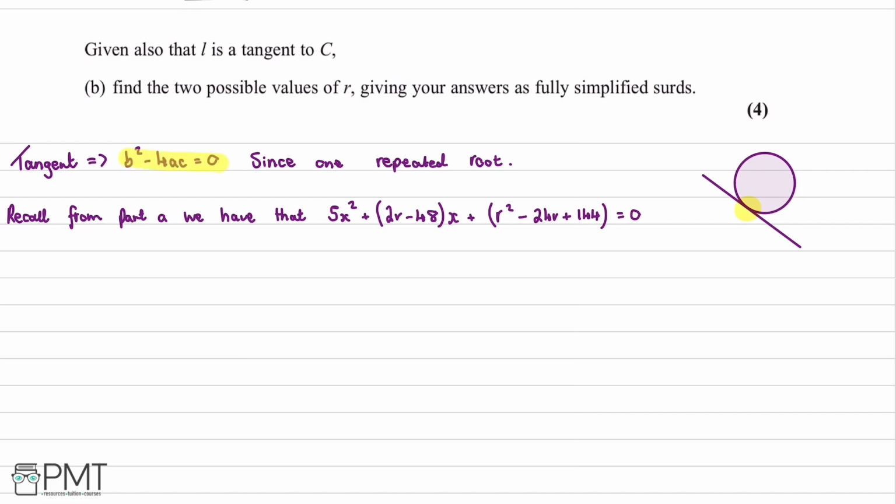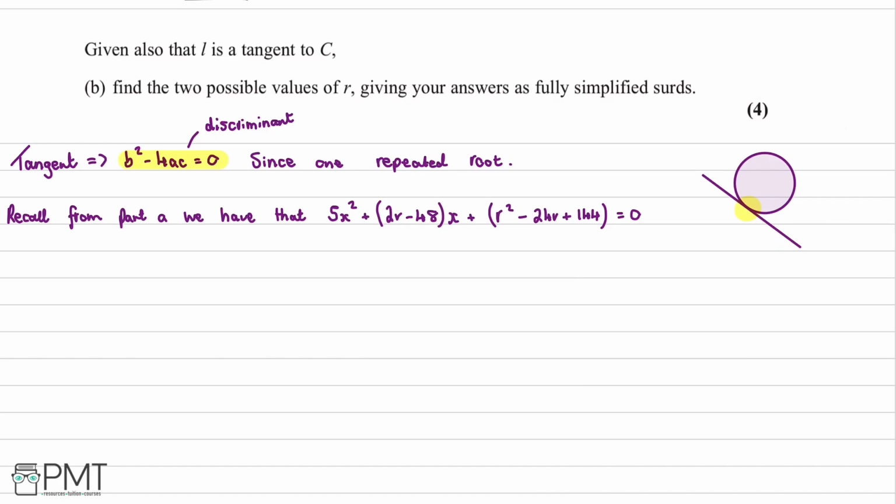So this is our equation for the discriminant here. That is b squared minus 4ac, and we know it's going to be equal to 0 since we have one repeated root. So I'll just note in here that this is the discriminant. And we recall from part a the following. We have that 5x squared plus 2r minus 48 lots of x plus r squared minus 24r plus 144 is equal to 0.